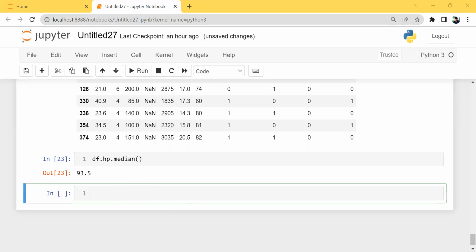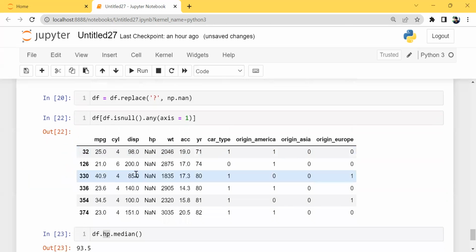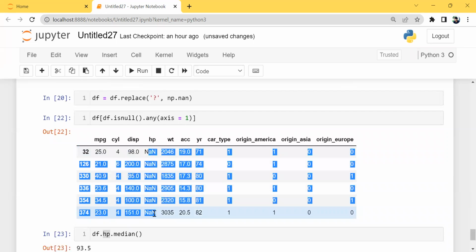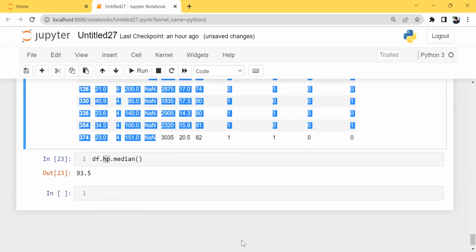When you think of here, for this particular HP column, the median value is some 93.5, right? So you need to replace all these null values with this particular value, that is 93.5.